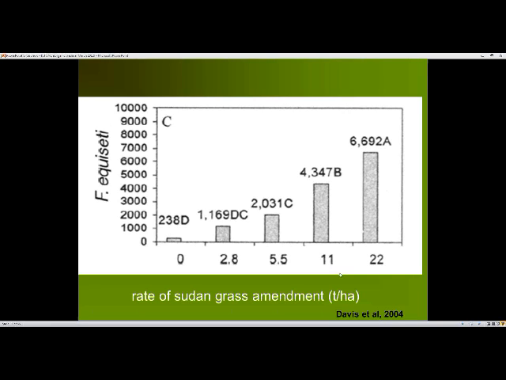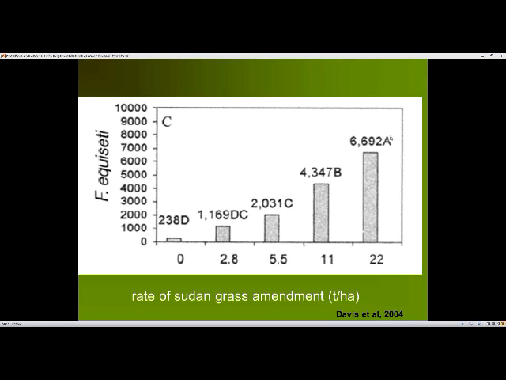And what he showed is that Sudan grass seemed to be increasing soil populations of Fusarium equiseti, which on potato is not a pathogen, but its populations were dramatically increased, particularly after incorporation of Sudan grass, and those populations increased as the amendment rate of Sudan grass increased.